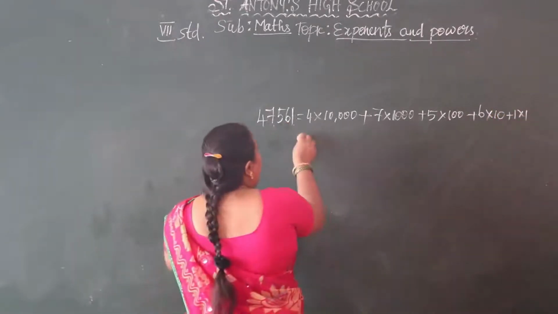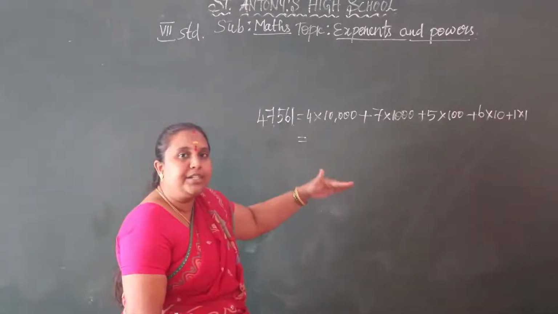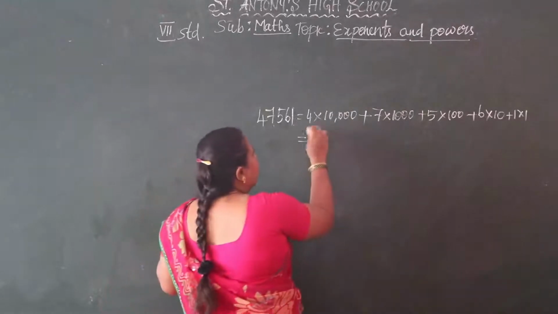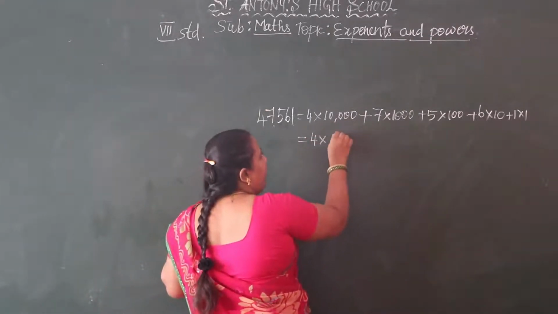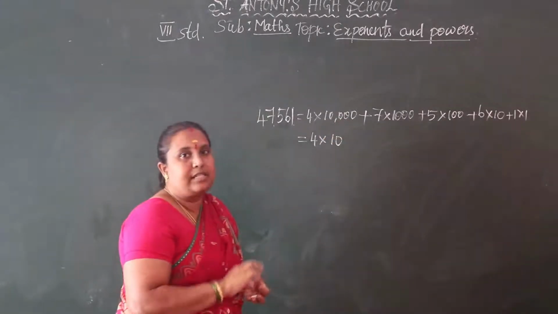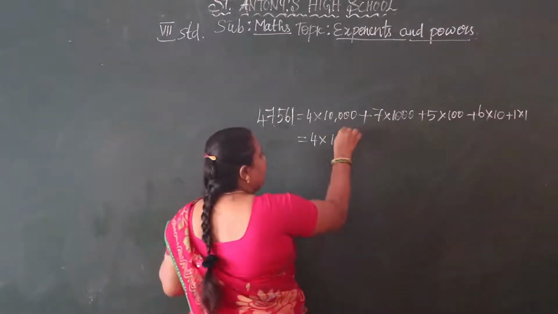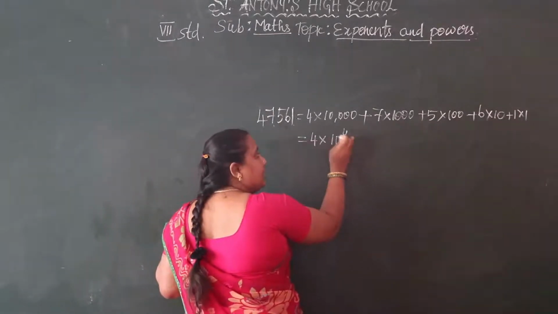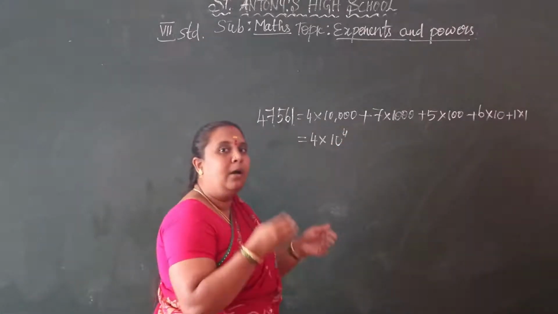Now we have to write this expansion in exponential form. 4 into 10,000: we have to write 10 to the power of 4, because there are 4 zeros. This power tells us how many times we have to multiply the base number.